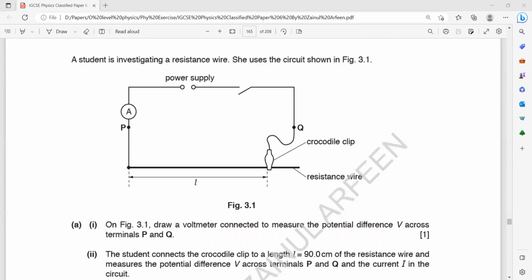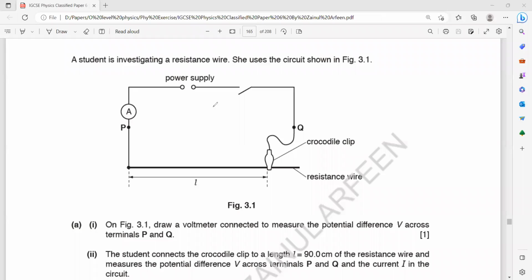The answer is related to the circuit. Yeah, that's right. The crocodile clip. The placement of the crocodile clip, that's the right answer.